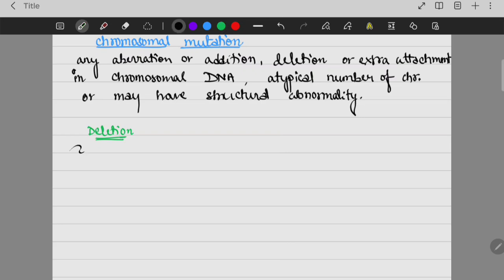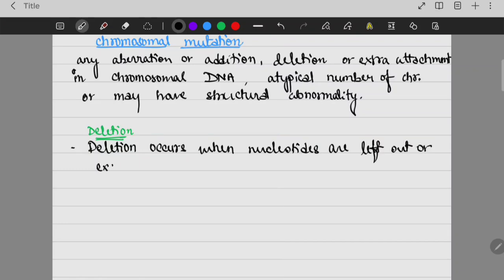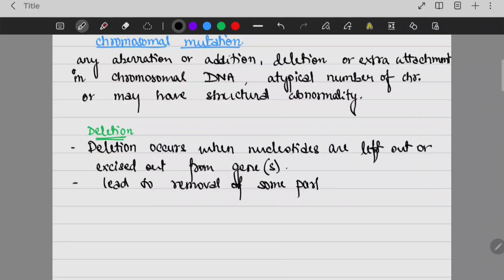Now I am writing these points. Deletion occurs when nucleotides are left out or excised out from a gene or genes. This will lead to removal of some part or parts of genes. Thus abnormal or no proteins may form.